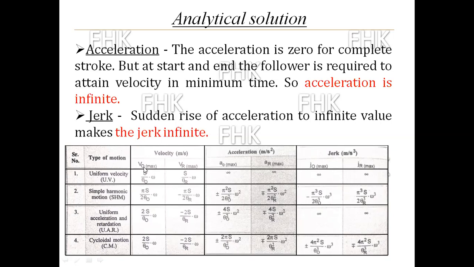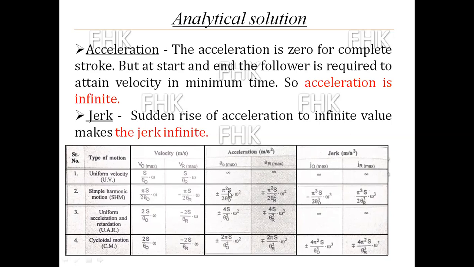For forward stroke, the formula is pi s omega upon 2 theta outward, and for return stroke, pi s omega upon 2 theta return. Theta return is given 90 degree and theta outward is given 60 degree. We have to find omega, and s we have to take in meter, so that mm we have to convert into meter.